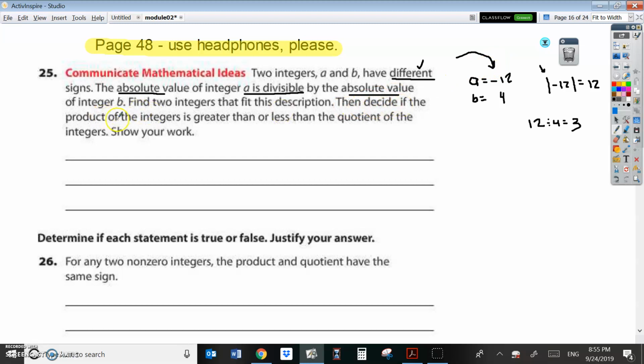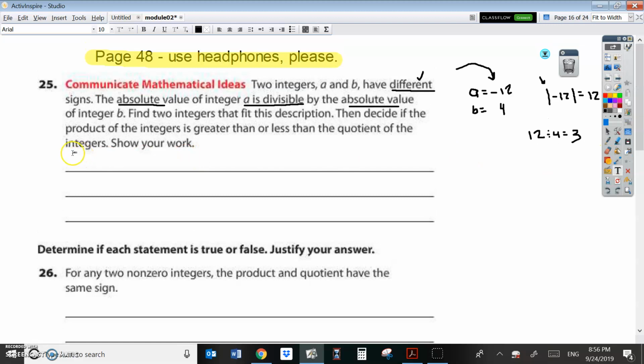Then decide if the product of the integers is greater than or less than the quotient of the integers. Show your work. -12 times 4 equals -48. -12 divided by 4 equals -3. -48 is less than -3.